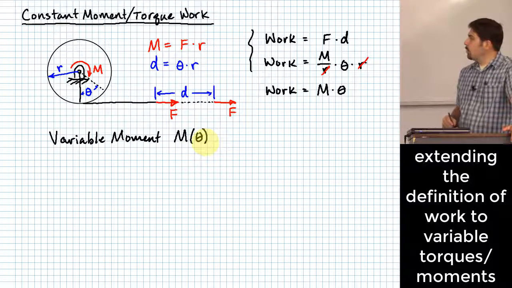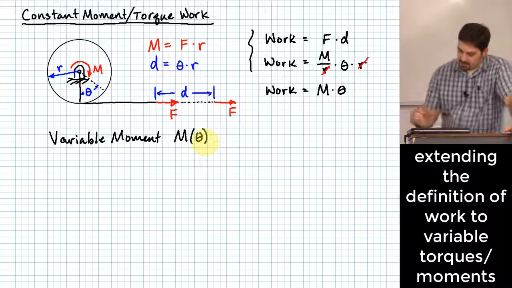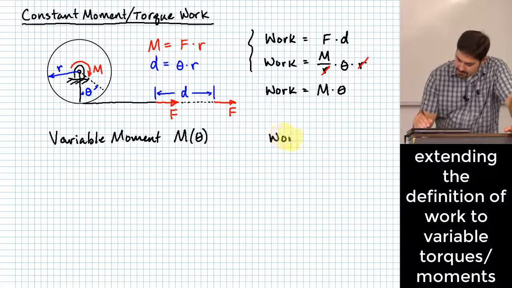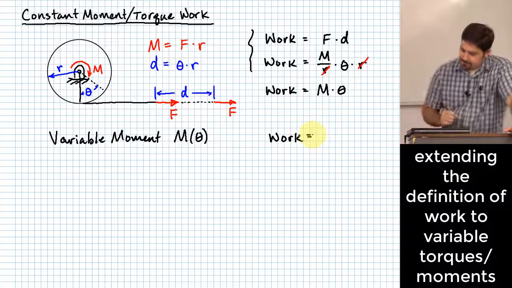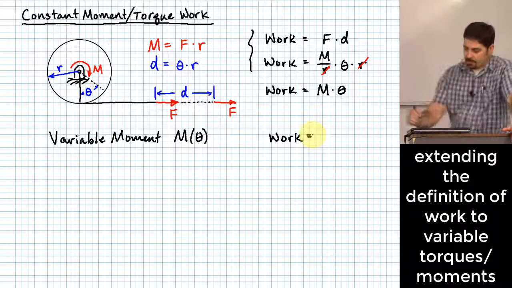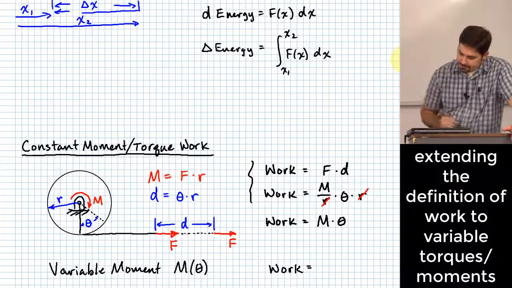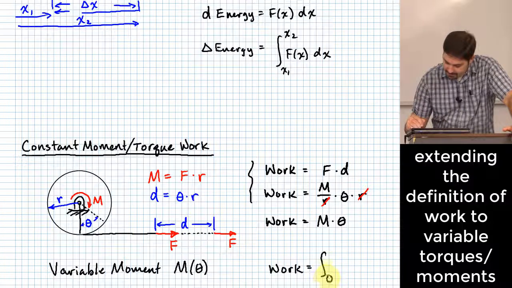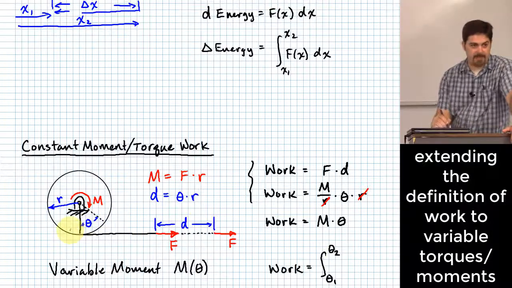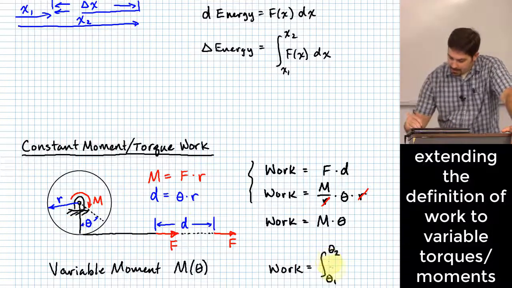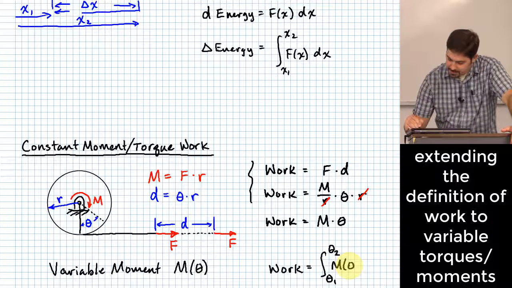What do you think you would have as far as the amount of work done in that case, based on what we did a second ago for our more linear case, right? Yeah, you would integrate from theta 1 to theta 2, for instance, if you had two different theta positions on this thing, where M is given as a function of theta, and you do that d theta.